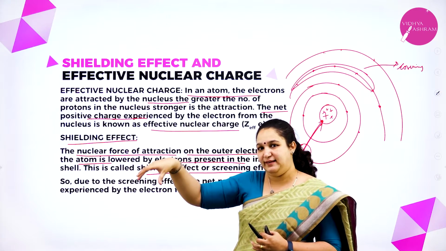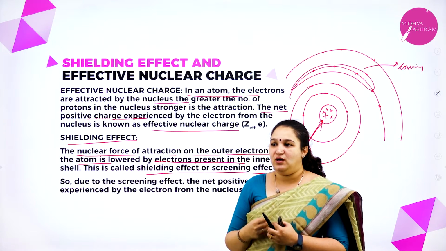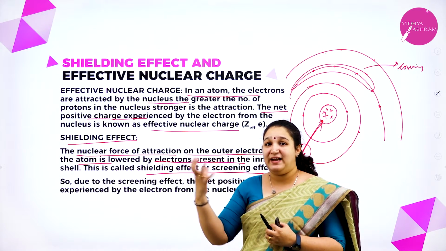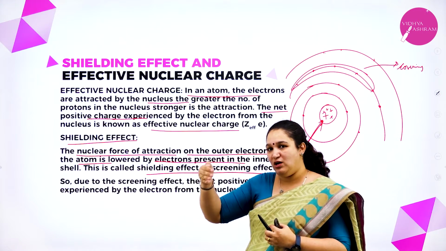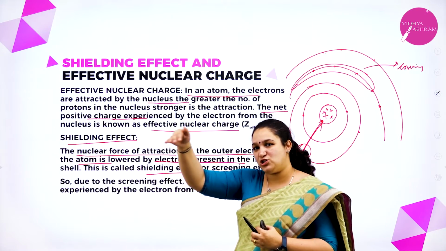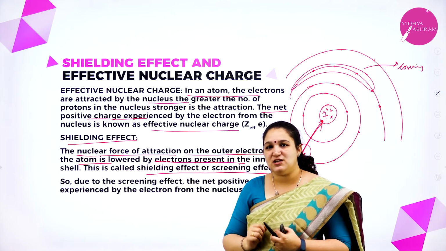They are hiding there, or I cannot see them properly, or I cannot pay attention to them very clearly, because the ones who are tall are covering the ones who are short just behind them. So this is the shielding effect.